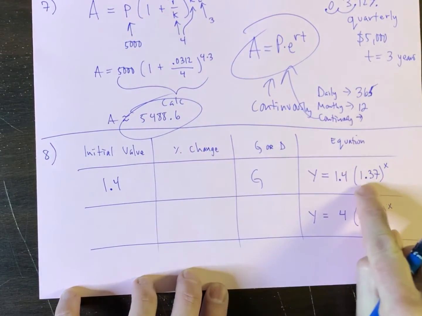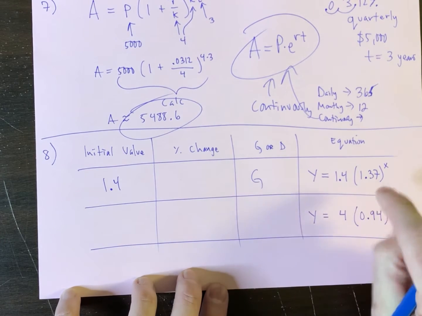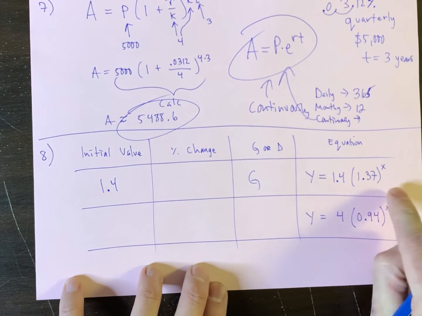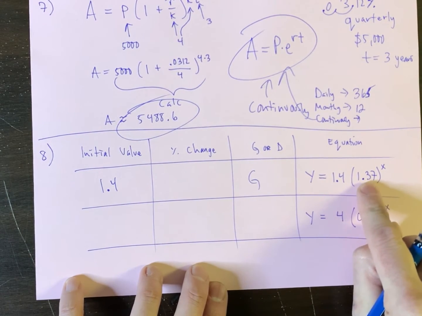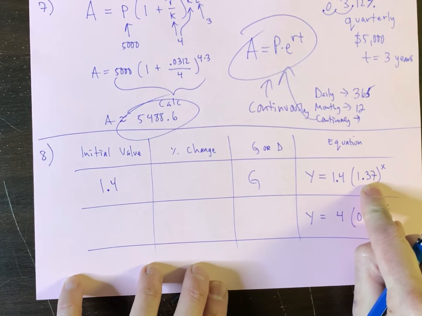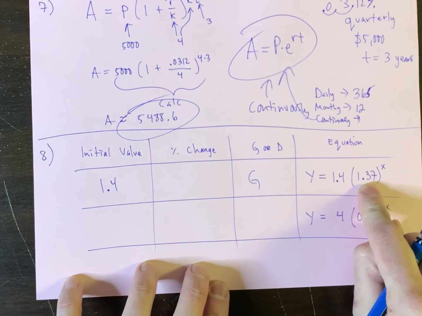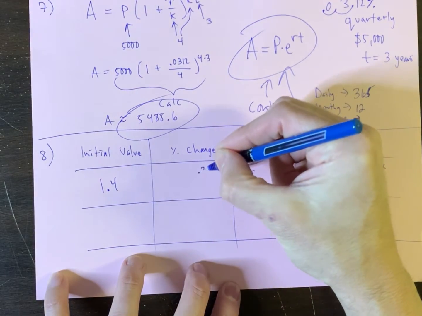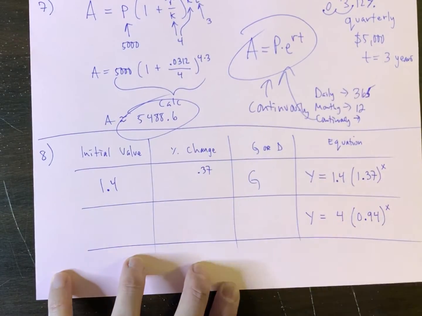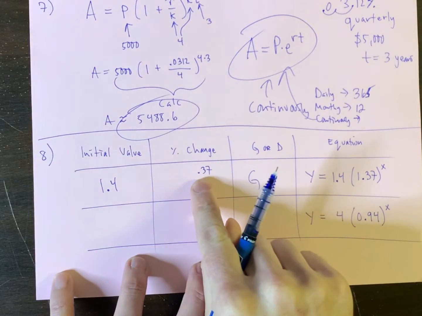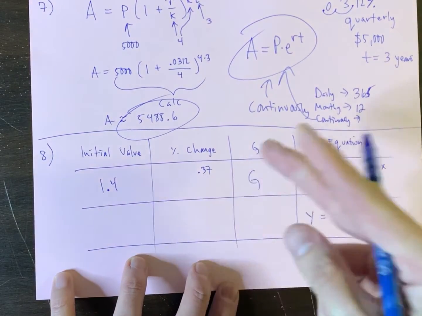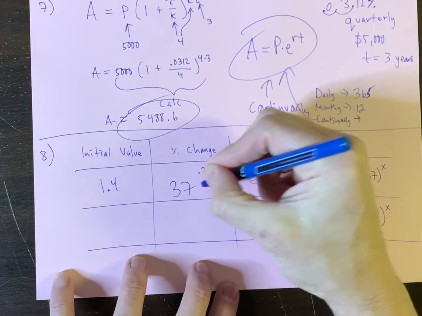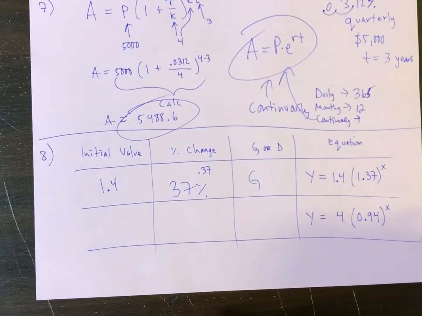Percent change. So this is growth by how much? The question you ask yourself is how much bigger is this than $1 or just 1.00? It's 0.37 bigger, right? So 0.37 is the growth factor, but you have to turn this into a percentage. So move the decimal 2 spaces to the right, and you tell them 37%.